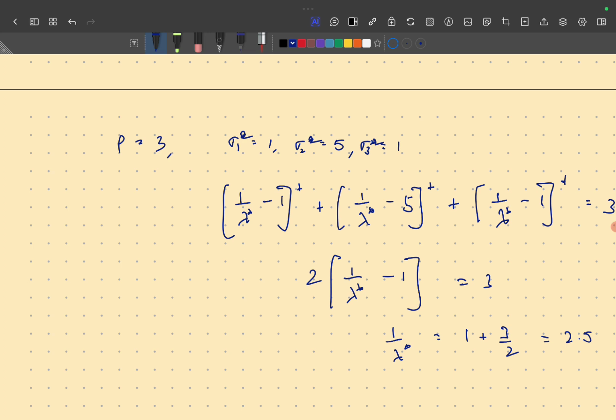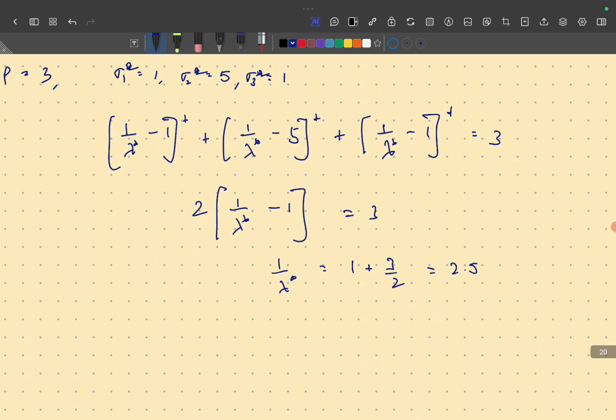Why do you remove the middle terms? So again, it was sort of a guess in this case, but you can try to numerically solve for it. But in general, suppose that 1 by lambda star is greater than 5.